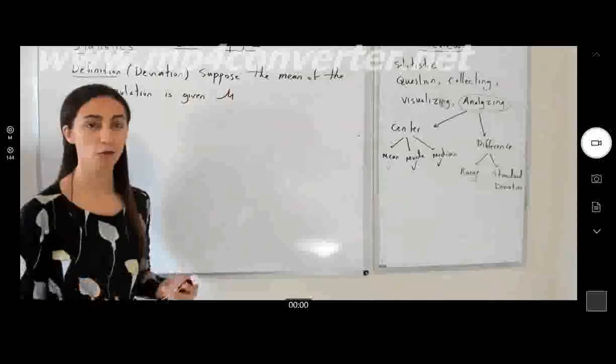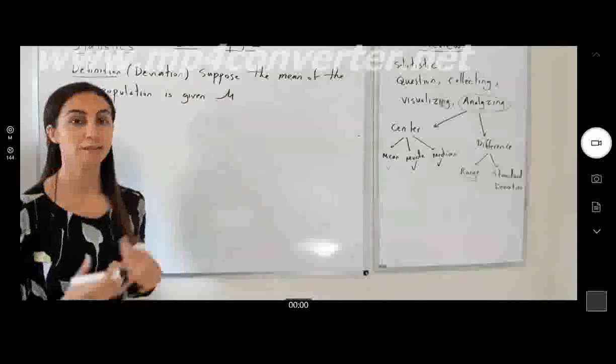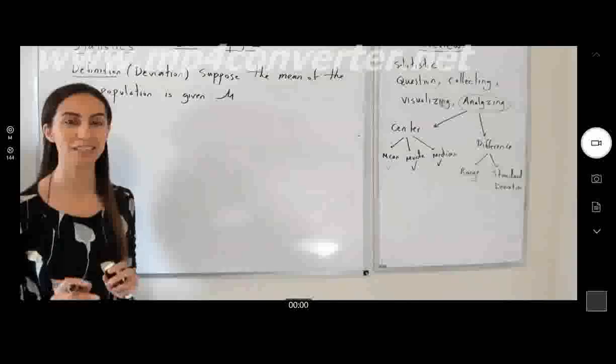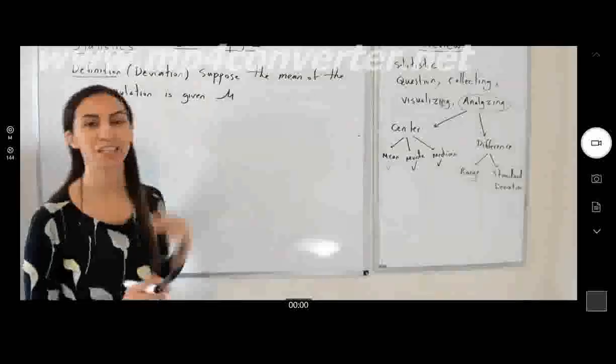Remember that for a population, you're using Greek letters, mu representing the population mean.